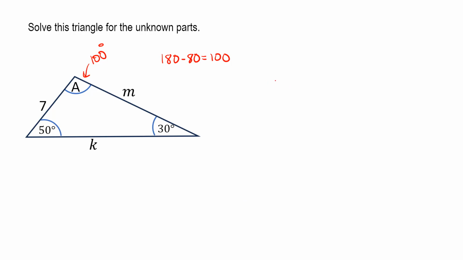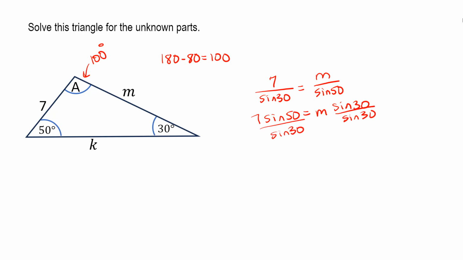So we can say that 7 over sine 30 is equal to m over sine 50. If we cross multiply, we've got 7 sine 50 equals m times sine 30. And we can divide both sides by sine 30. That gives us about 10.72 for m.